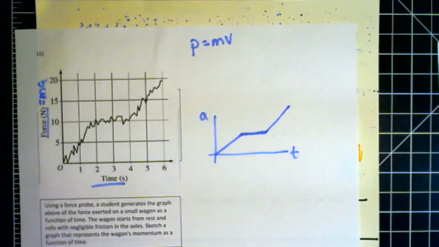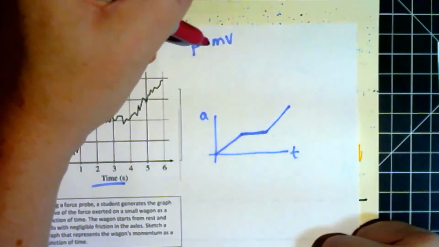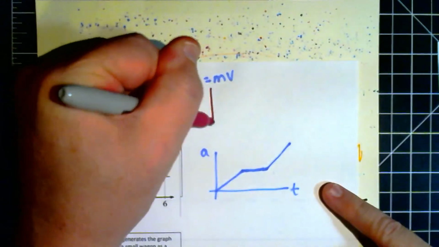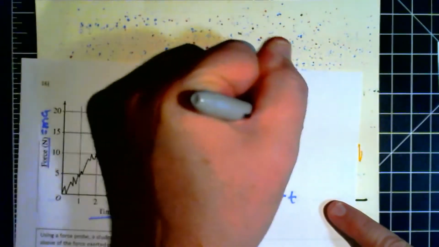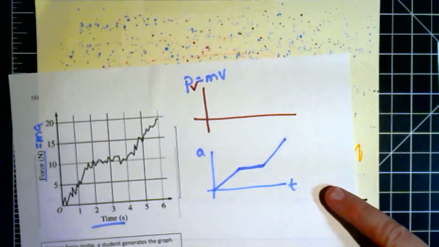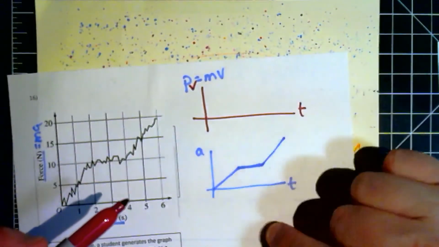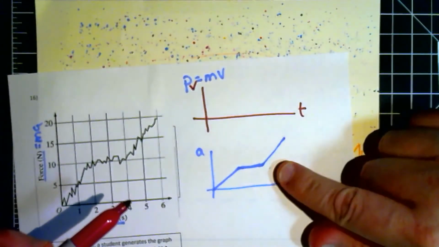Well, if I want to get a momentum graph, I could do the same thing by dividing by the mass. And so I could get what the velocity graph would look like if I took the momentum numbers and divided by the mass. And if I had a velocity versus time graph, that's how we did it in kinematics.